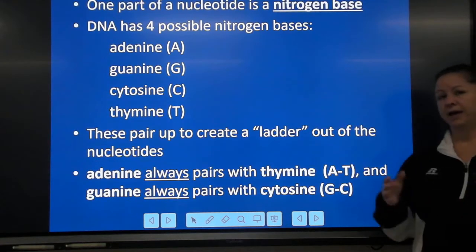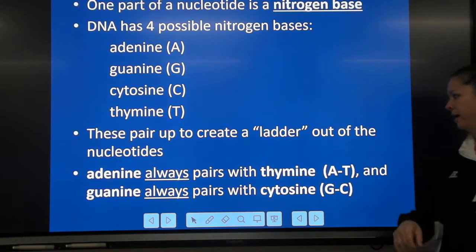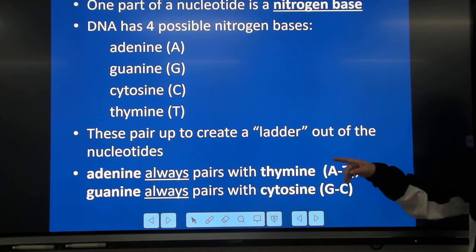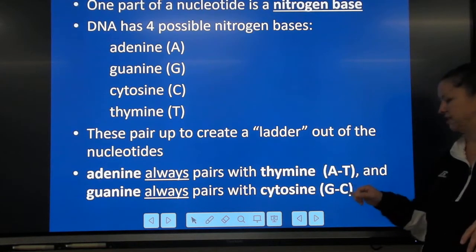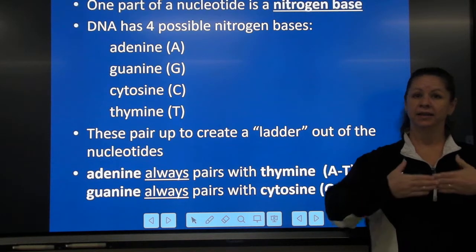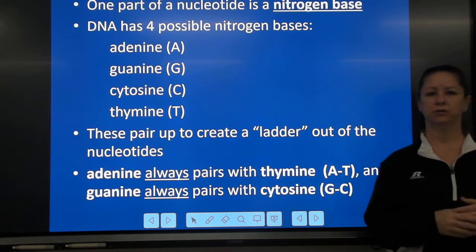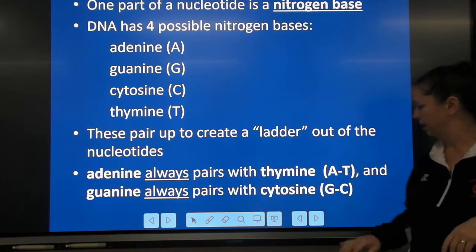Now, in that link, adenine always pairs with thymine, so A to T, and guanine always pairs with cytosine, so G to C. Just remember the word "at," A-T, and that's how they pair up, and what's left over is G and C. So A to T, G to C in that link.